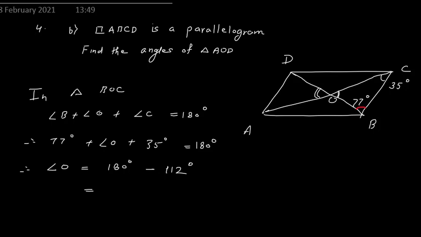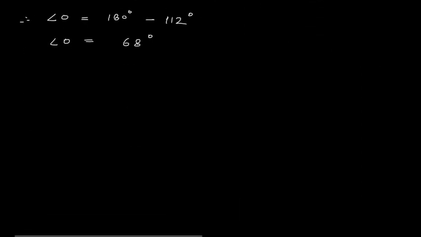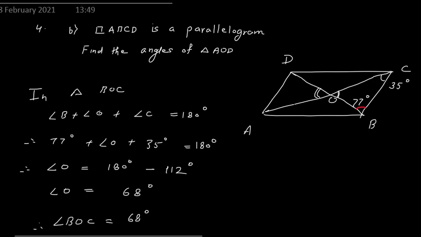That will give me 10 minus 2 is 8 and 7 minus 1 is 6. The angle O is 68 degrees, that is angle BOC.